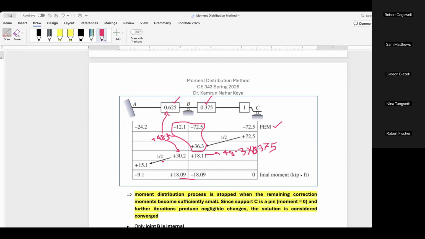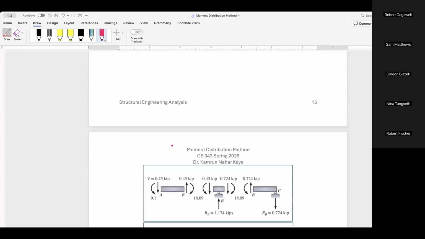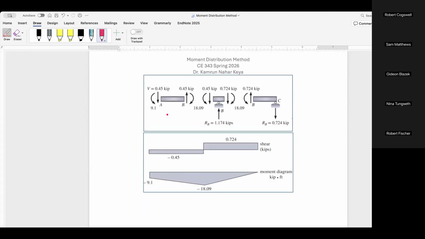So we have everything. Now I think again it shows all the stuff. Okay, so we just wrote all those values, those moments we get from the final moment. We just write the free body diagram.